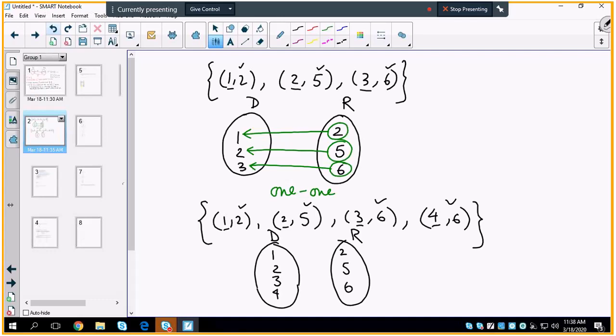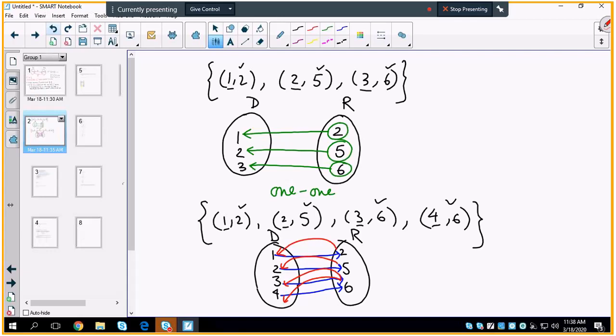If you think whether this is a function or not, then you will see 1 goes precisely to 2. There is no different output for 1. There is exactly one output for 2, exactly one output for 3, and that is 6. How about 4? 4 also has exactly one output, and that is 6. But if I think about the outputs and try to count the inputs, I will see 2 has exactly one input, 5 has exactly one input, whereas 6 has 2 different inputs.